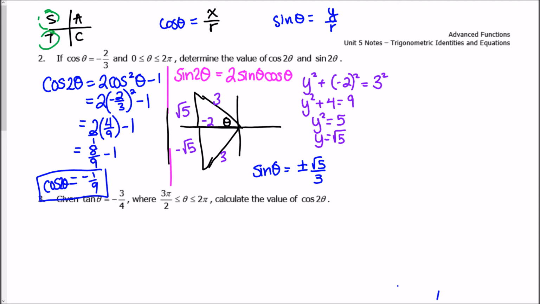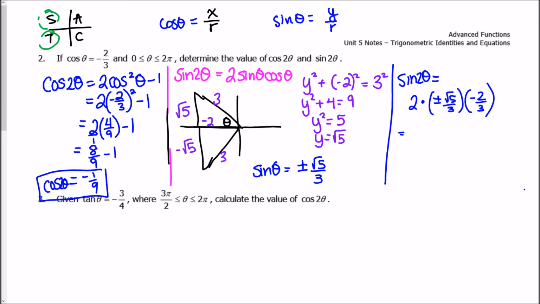Okay, so to figure out what sine of 2 theta is, I'm going to plug in my information. So I know it's going to be 2 times the sine of theta, which is plus or minus square root of 5 over 3, times the cosine of theta, which we already know is negative 2/3 right here. Okay, so this 2 times this negative 2 is negative 4.